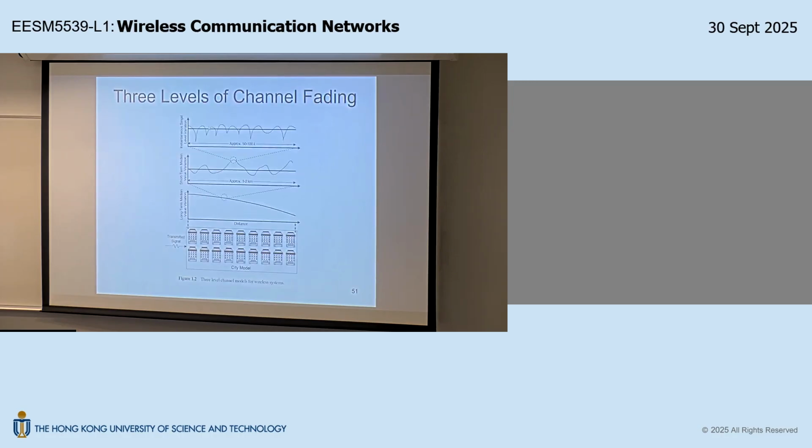So this is one example. Just imagine you do a field test, and this is distance, but this can be translated to time as well. So think about this as time. If you zoom out the time axis, and the time scale is like minutes, then these variations will be due to path loss.